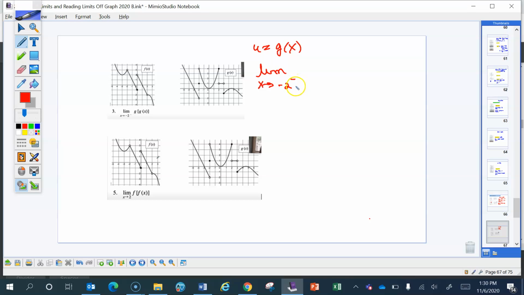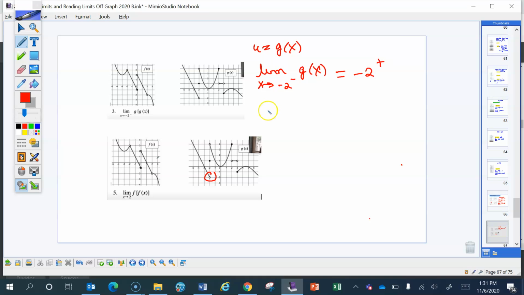If we take a look at that, and we're dealing with function g of x, as I approach -2 from the negative side on g of x, that is approaching -2, which you can see right here. And it's approaching -2 from above, so it's from the positive side.